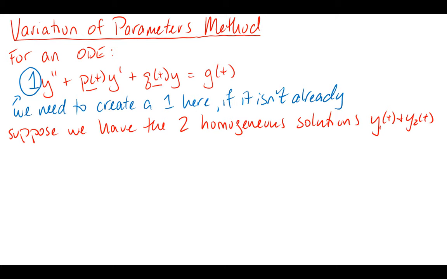So if you see some problems that say, here's this awful ODE, and they tell you, oh, and little y1 is this, and little y2 is that, that's them giving you the 2 homogeneous solutions, and then you can still use this strategy to do the non-homogeneous portion, which is what I'm going to describe now. Okay, so either because you've computed them, or they were just given to you, you have the 2 homogeneous solutions, little y1, little y2.